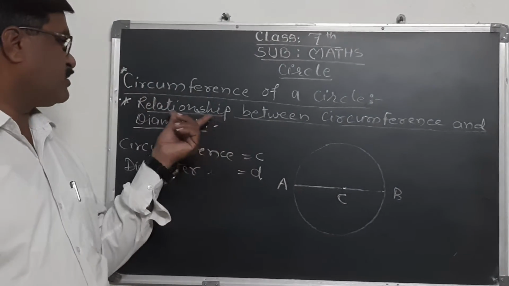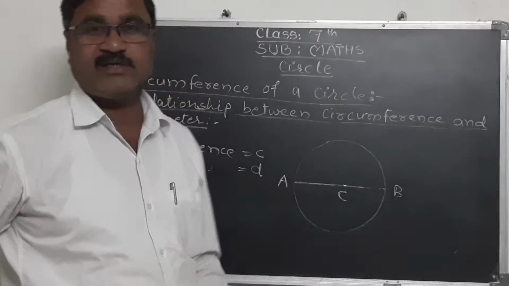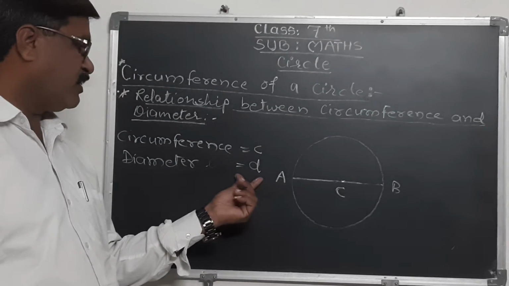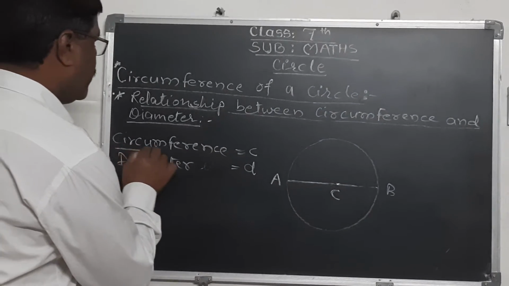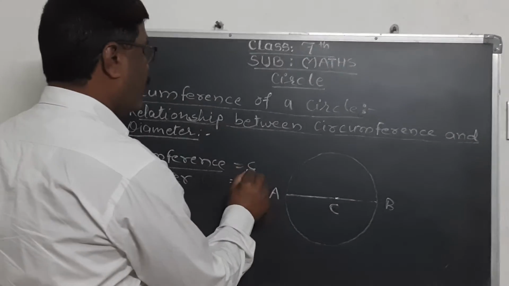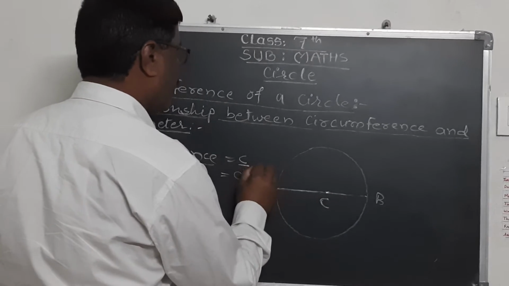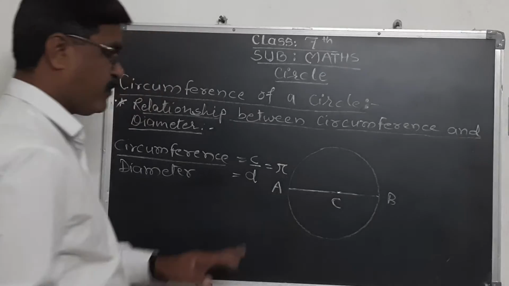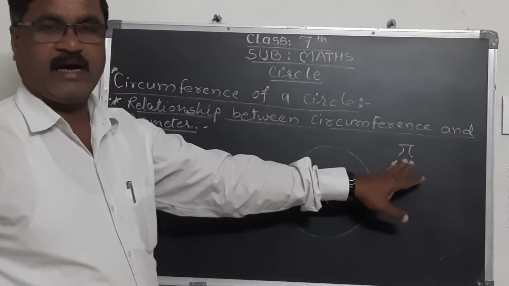So what is the relation? This is the length of the outer surface of this circle. Circumference is denoted by C and the diameter by D, and if we take the ratio of circumference divided by diameter, we get C by D, and this ratio is constant. This constant is denoted by pi, the Greek letter pi.